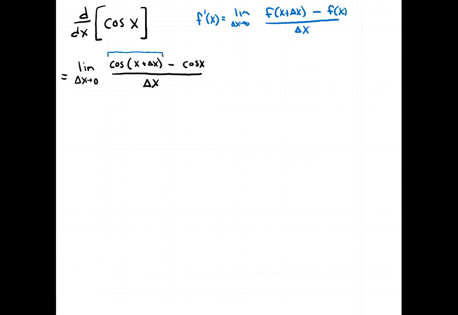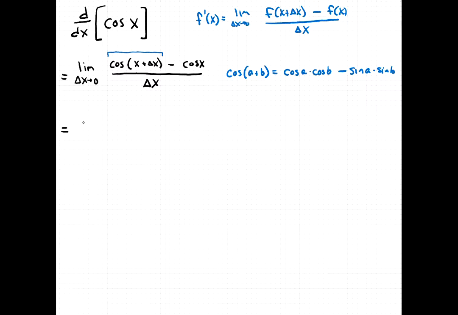Okay, so we can use the sum formula for cosine, where the cosine of a plus b is equal to the cosine of a times the cosine of b minus the sine of a times the sine of b. So in this case, a is the x and b is the delta x.